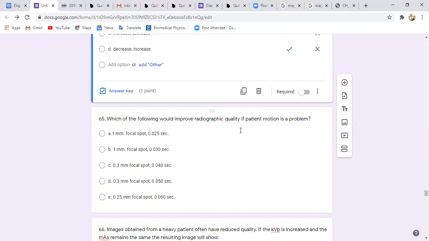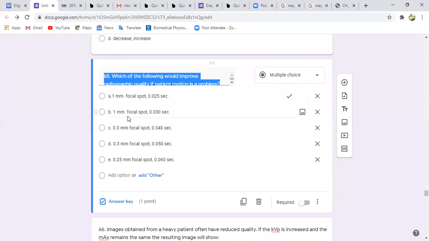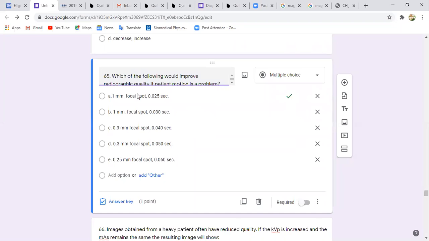If motion is a problem, all we need to do is reduce the time and use a bigger focus spot, if that wouldn't impact the spatial resolution. In any case, that's the answer based on the information provided, but this is not like 1 millimeter.